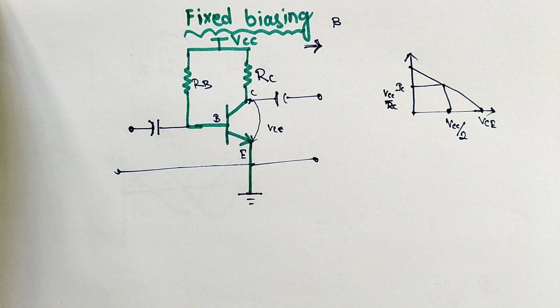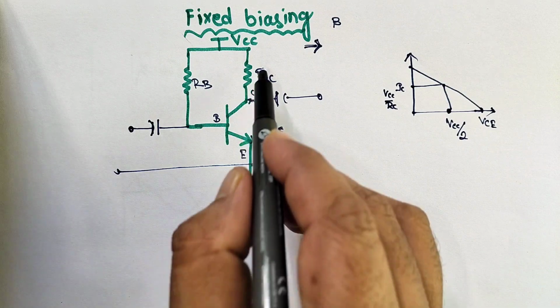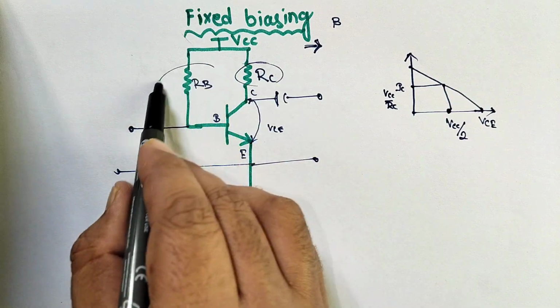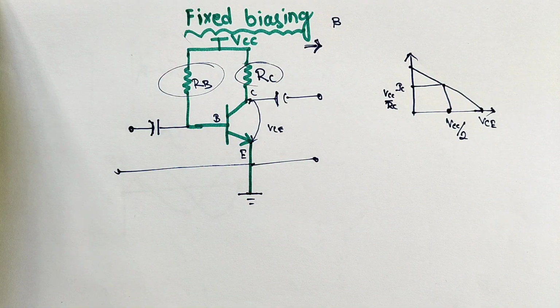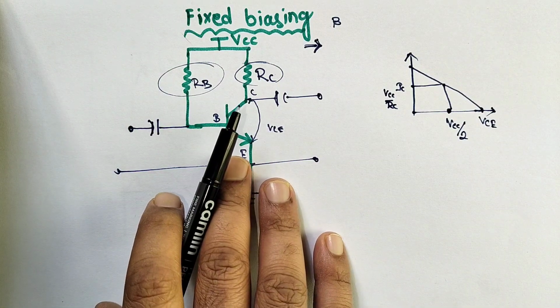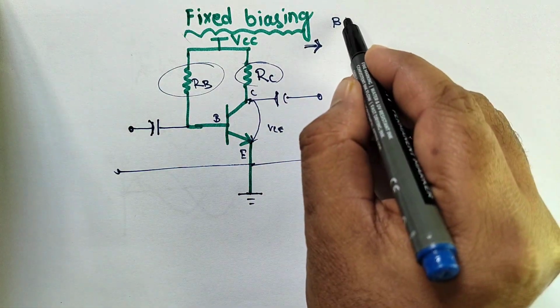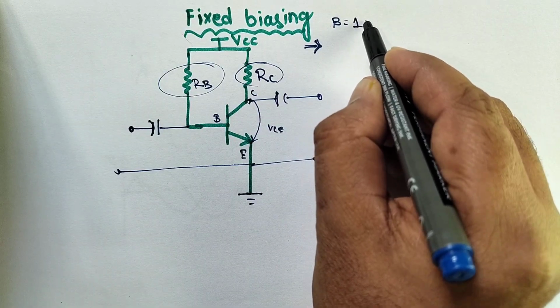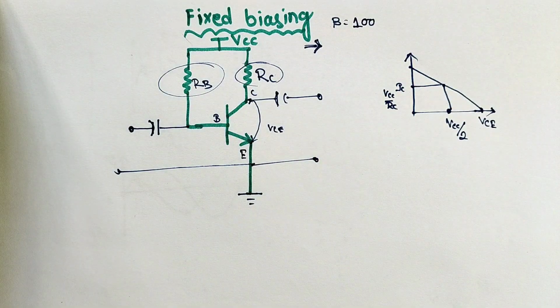So for getting a particular voltage, we need to decide the values. Suppose we take this example BJT, which has gain beta equal to 100.